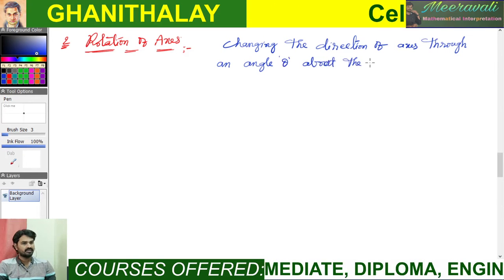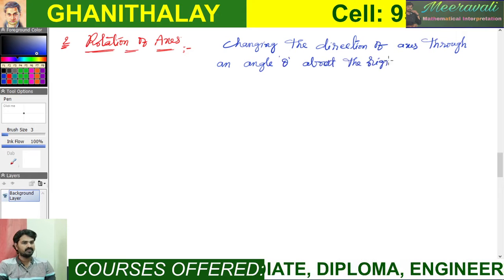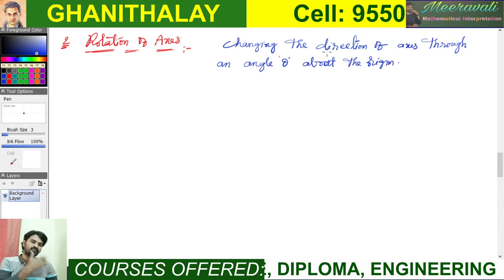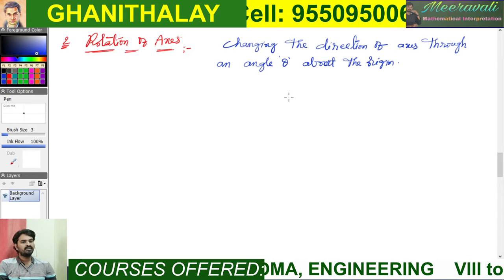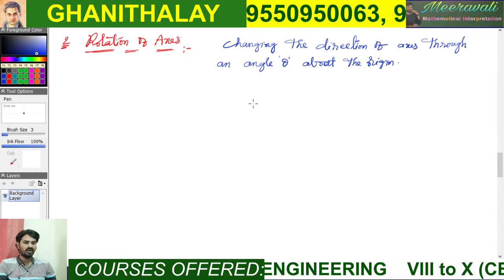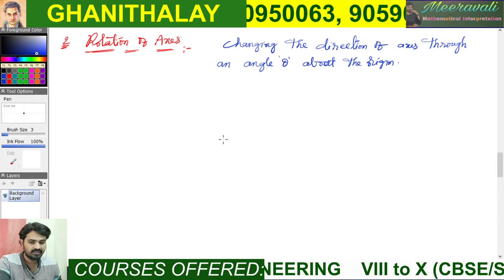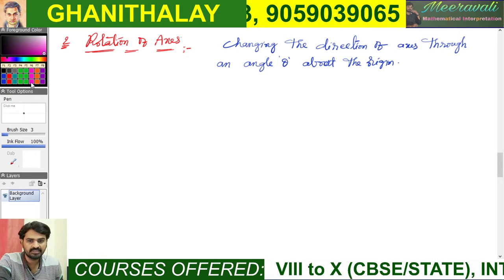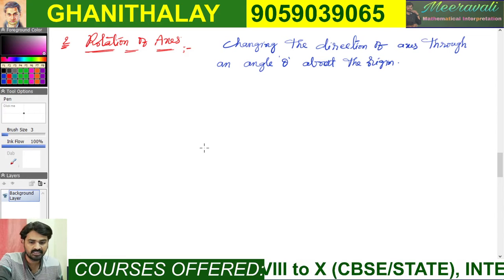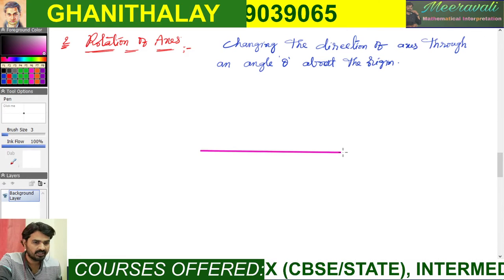That means here the direction of the axis has changed but the origin is not shifted. Whenever you want to change the direction of the axis, you should rotate the axis. So rotation of axis means the axis should be rotated through some angle.